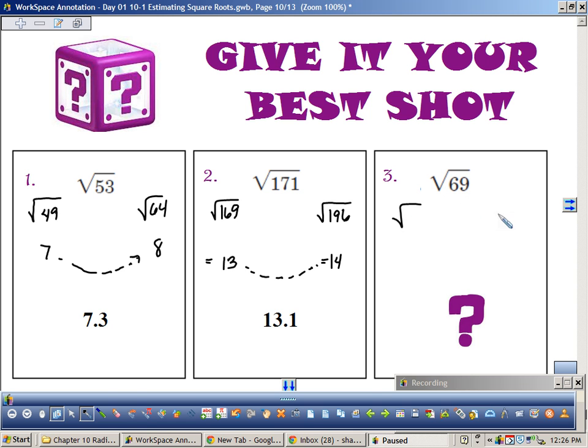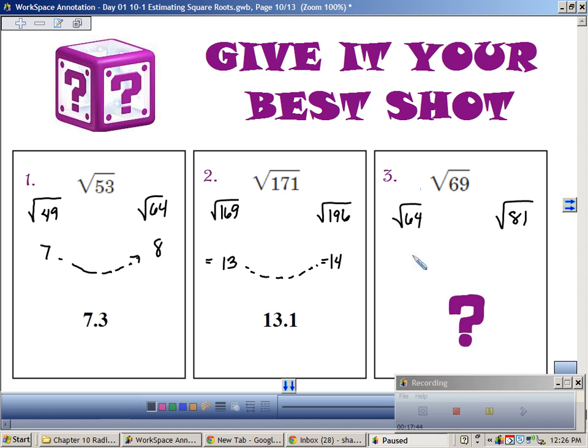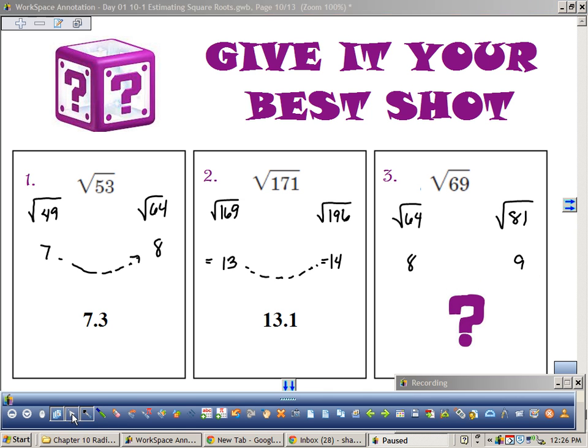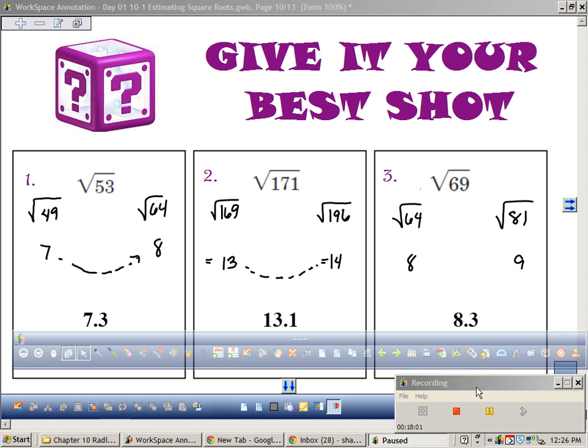First of all, let's write what numbers it's in between. 64 and 81. It's quite a bit closer to 64, right? So this is 8 and this is 9. So 8.3. Okay. Good job, guys.